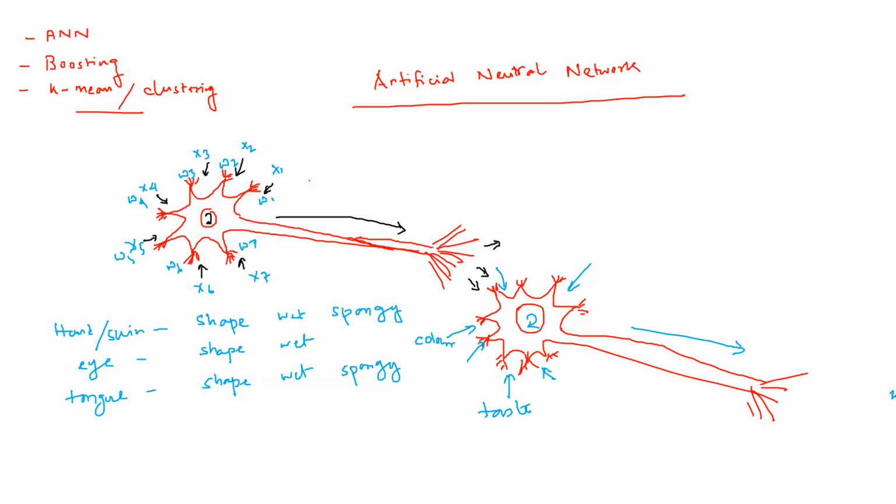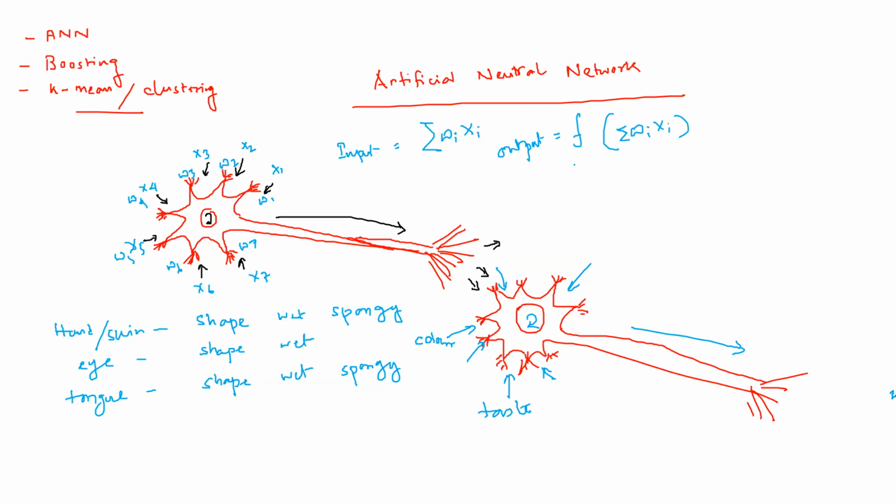So the net input to this neuron is basically the summation of Wi Xi. This is the input. Then it transforms it, with some transformation function which makes it information, and that information goes as an output. So that's how the neural network works.